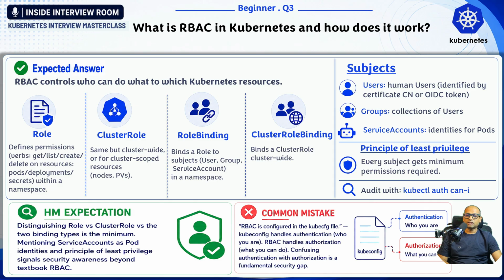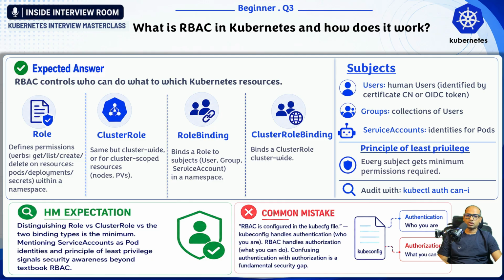The common mistakes: usually candidates provide the answer that RBAC is configured in the config file. Kubernetes handles authentication, who you are. RBAC handles authorization, what you can do. Confusing authentication and authorization is a fundamental security gap.